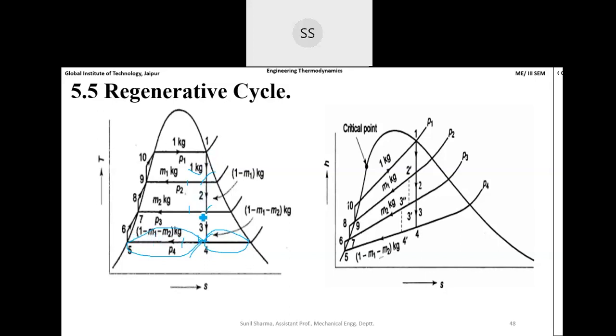Firstly, this portion definitely reduces the total energy of the system because we are rejecting it, and we need to work on the cooling towers also. So what we did was increase the mean temperature of heat addition with the help of the regenerative cycle.